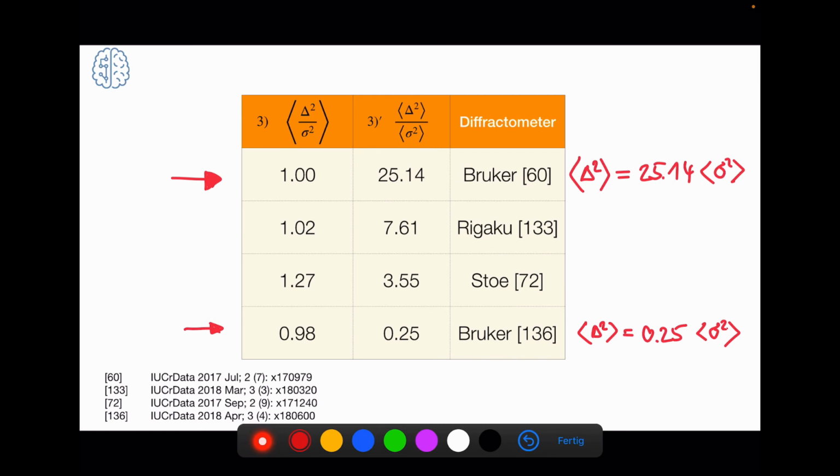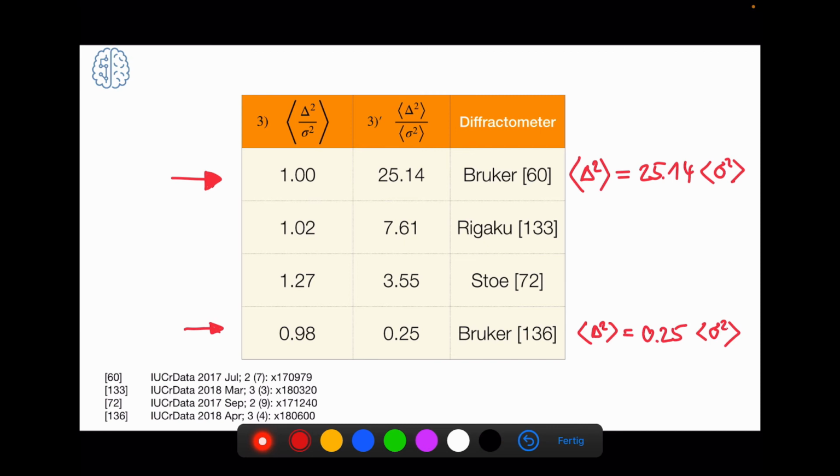So I need to emphasize that you don't need to look for hundreds of data sets in order to find examples of this kind. Analyze 10 to 20 data sets and you will find those numbers or similar ones.